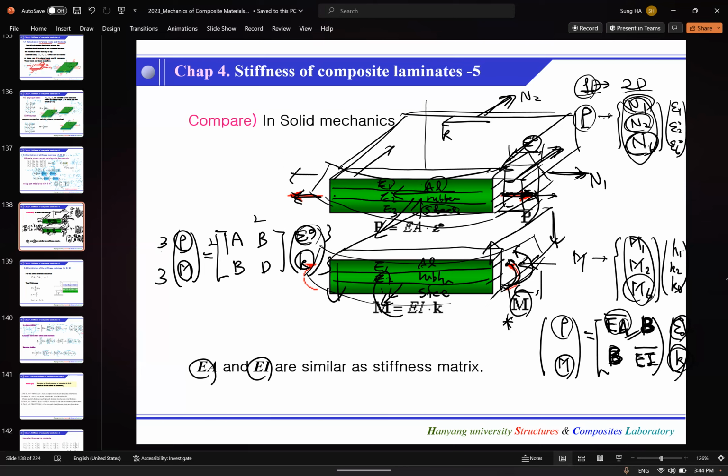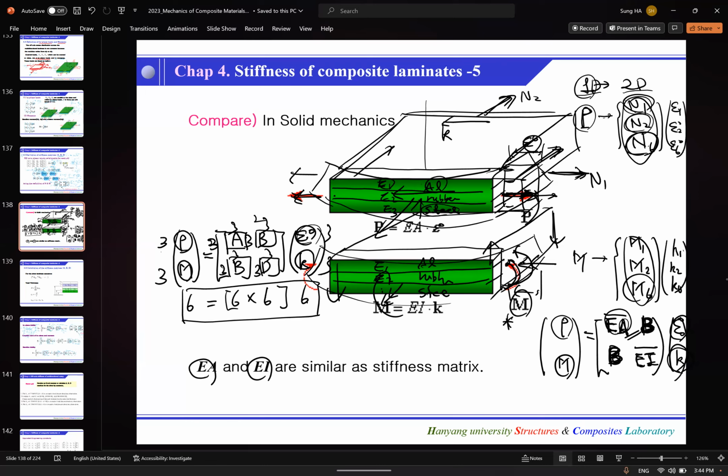As you can see, A will now be 3 by 3, B will be 3 by 3, B will be 3 by 3, and D will be 3 by 3. So totally 6 by 6, multiplied by the 6. Okay, this is what we meant by the 6 by 6 matrix last week.